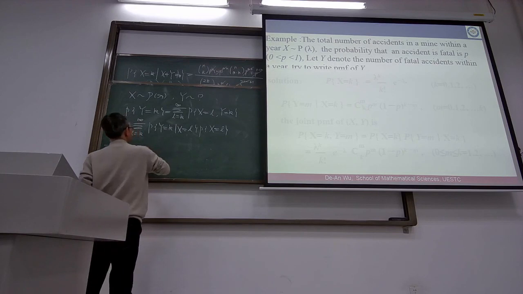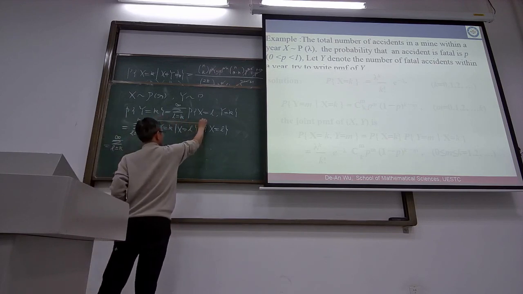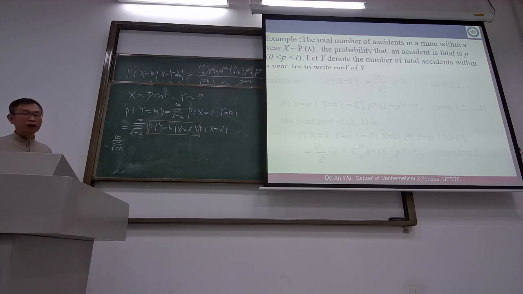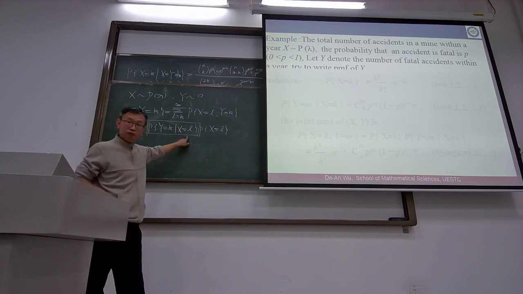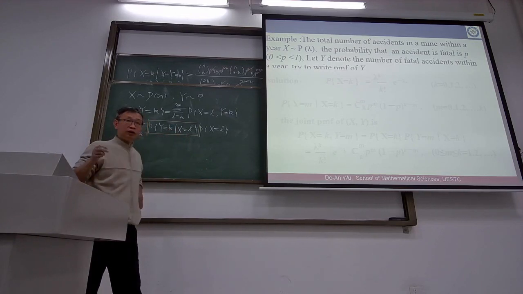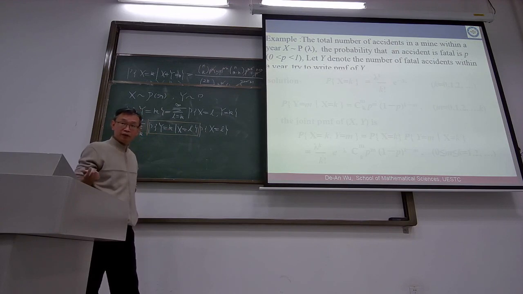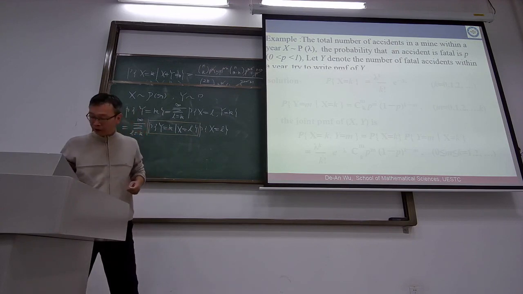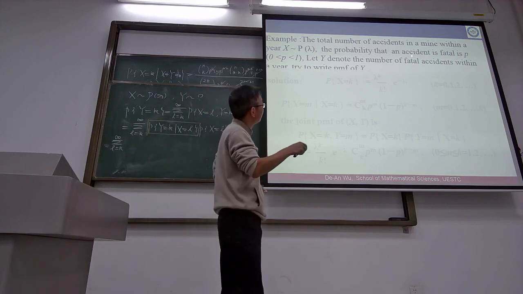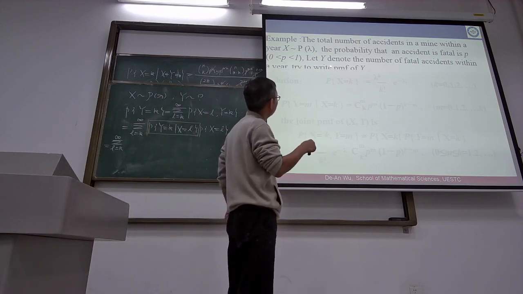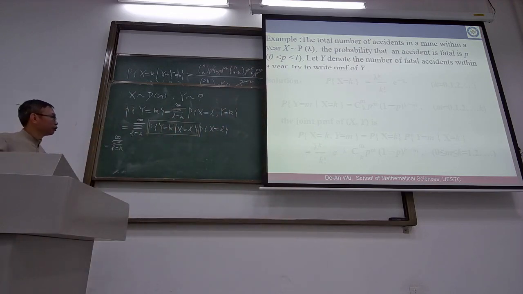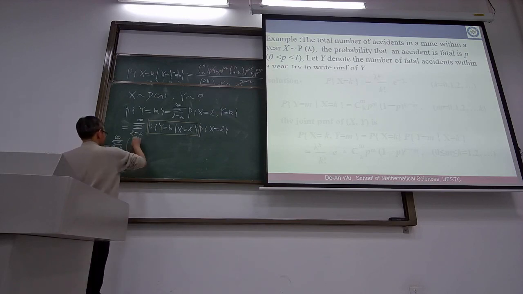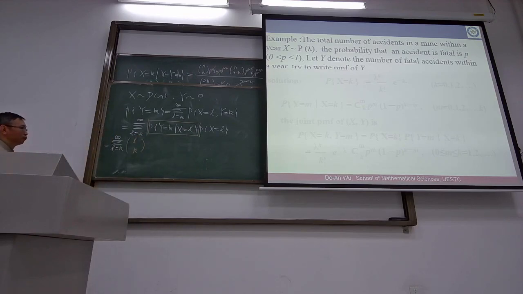In such a case, the total number of accidents is l. Among them, there are k fatal accidents, and the probability that an accident is fatal is p. Actually, this is just binomial. Binomial gives l choose k, p to the k, 1 minus p to the l minus k.